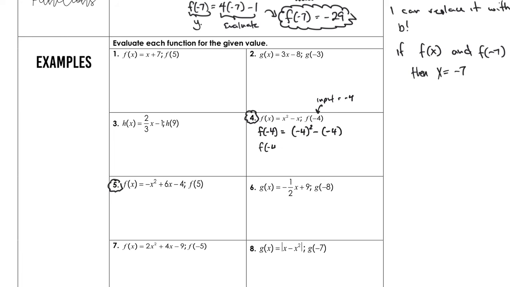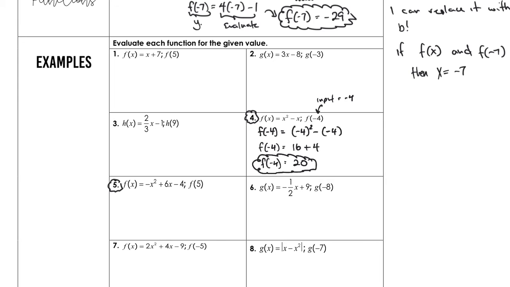So f of negative 4 equals positive 16. Minusing a negative becomes positive, so you get 16 plus 4. So f of negative 4 is equal to 20. After you get past the notation piece, it's just back to stuff that we would have done in our chapter 1, which is just evaluating functions.